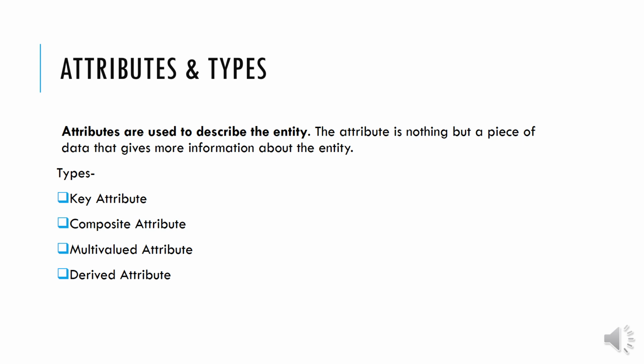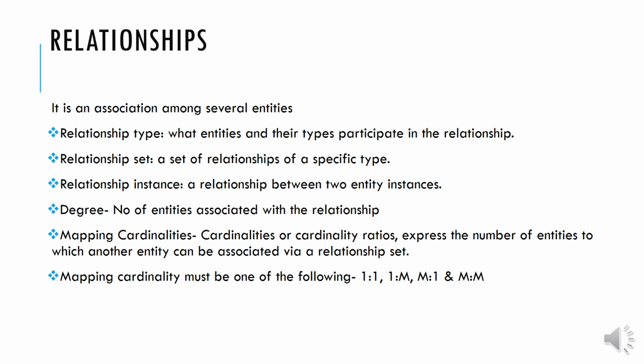Moving on to the next slide, the next component is relationships. A relationship can be defined as an association among several entities. In terms of relationship, we define its type, its set, and also the instances. Relationship type tells what entities and their types participate in a specific relationship.